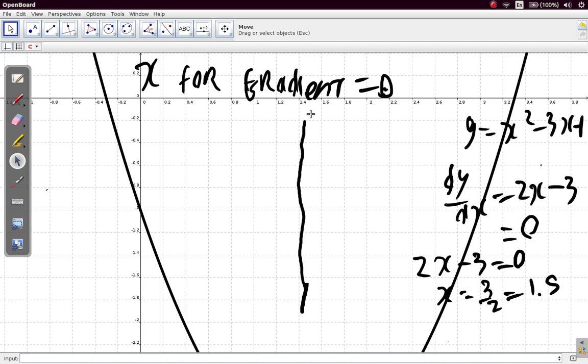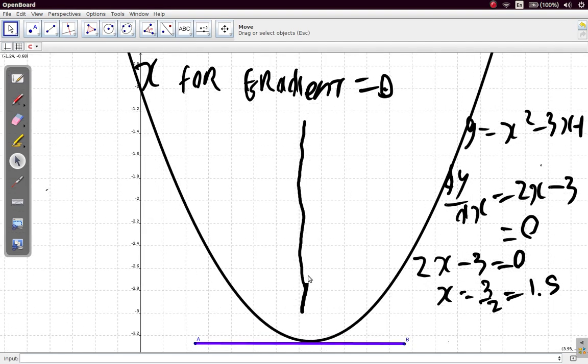It's halfway between 1.4 and 1.6, which is 1.5. So that's where the minimum value occurs here. And at that point, the gradient of the curve is equal to 0.